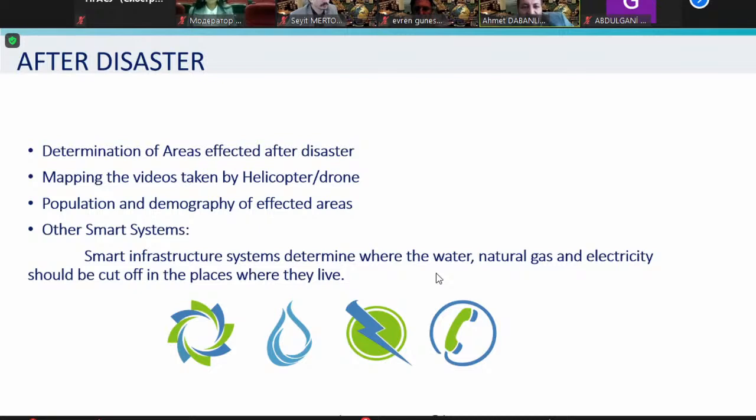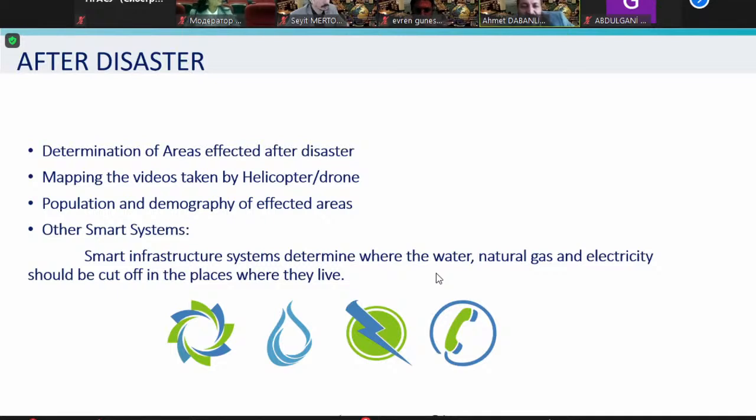What the population and demography of the affected areas are, how many children exist there and how much milk you need, how many elderly people are there, can be easily managed and monitored by the system.